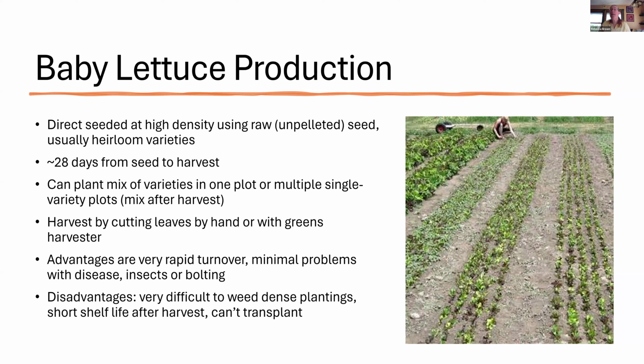Baby lettuce is planted at really high density, which means that you're probably going to have to weed with your fingers. You can see a picture of a person in the background of that picture. This is an incredibly slow, tedious task, and it's not uncommon for market growers to lose entire plantings of baby lettuce to weeds because they don't get them weeded at the right time, and then they get swallowed up.